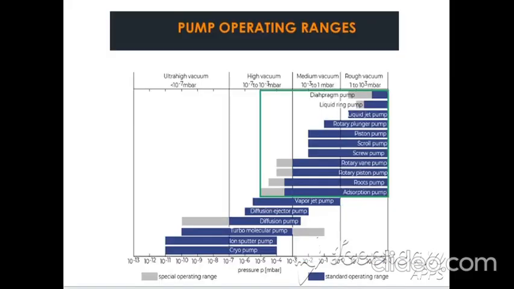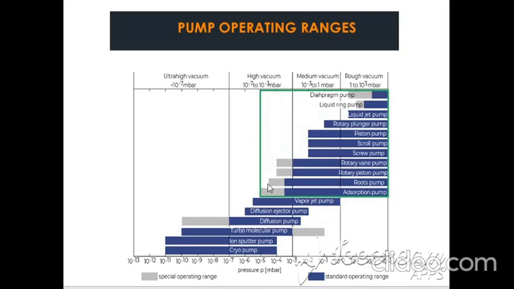Pump operating ranges: you know that vacuum is created by different types of vacuum pumps, and all these pumps have different ranges and different capacities. In this diagram, under each level of vacuum, different lists of vacuum pumps are available, and at the bottom different ranges of vacuums are available.